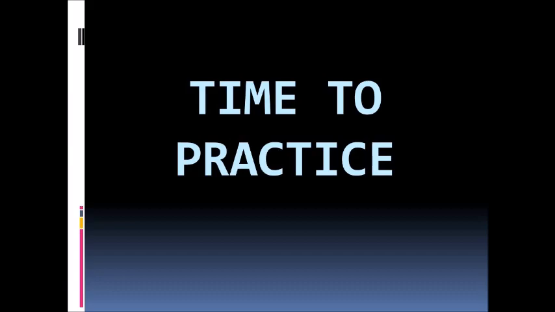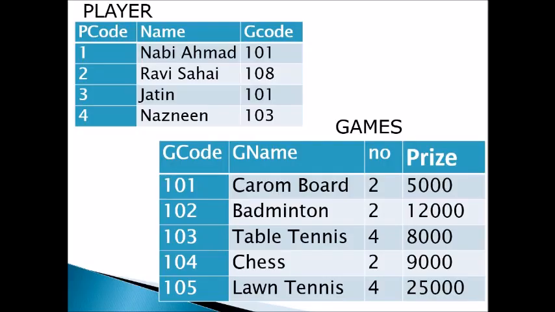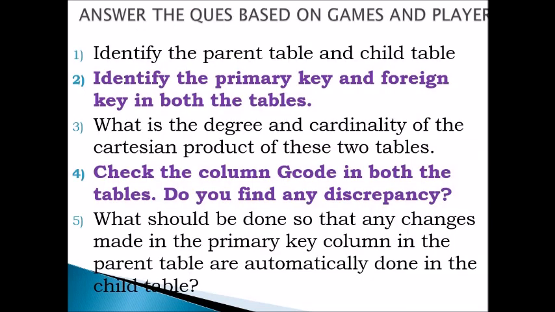Now a few more practice questions. If this is a table player and table games. First question is identify the parent table and the child table. Identify the primary key and the foreign key in both the tables.